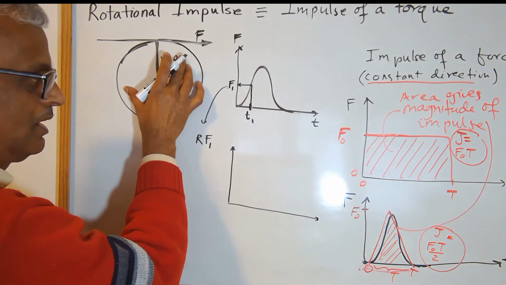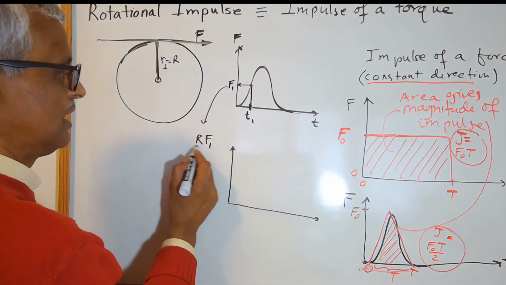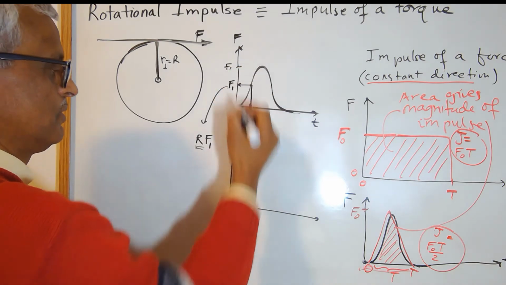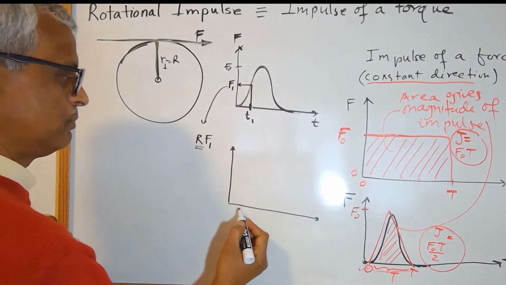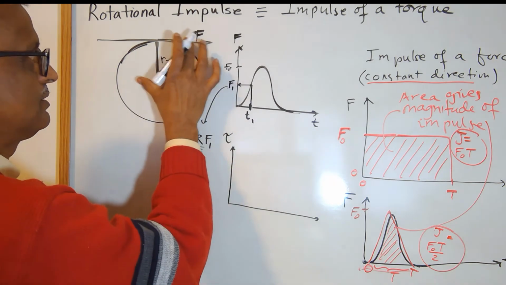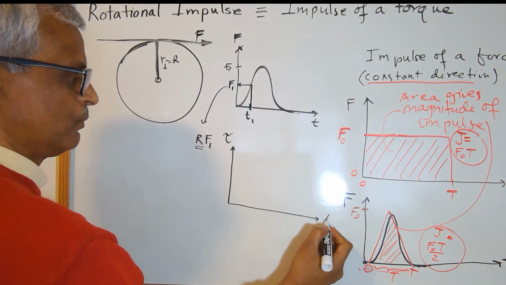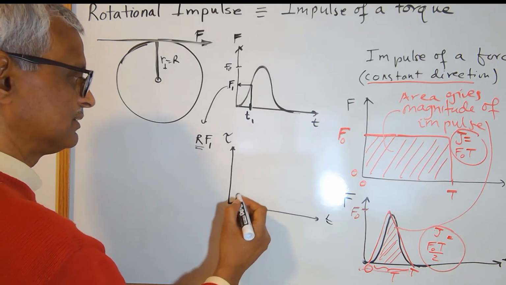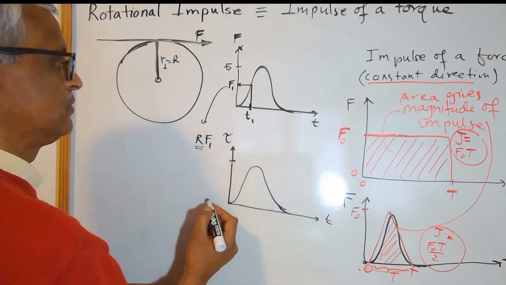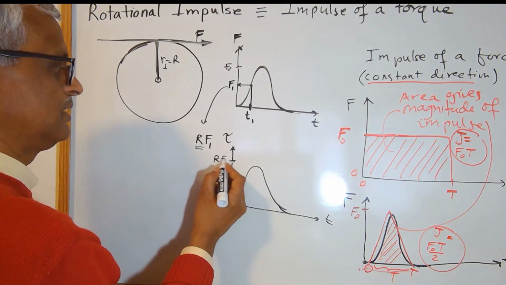So if I plot, in this particular example, because R remains the same, and this was F0, what you're going to get is the torque of this force with time will be almost like the same curve, except that it will go all the way to R F0.